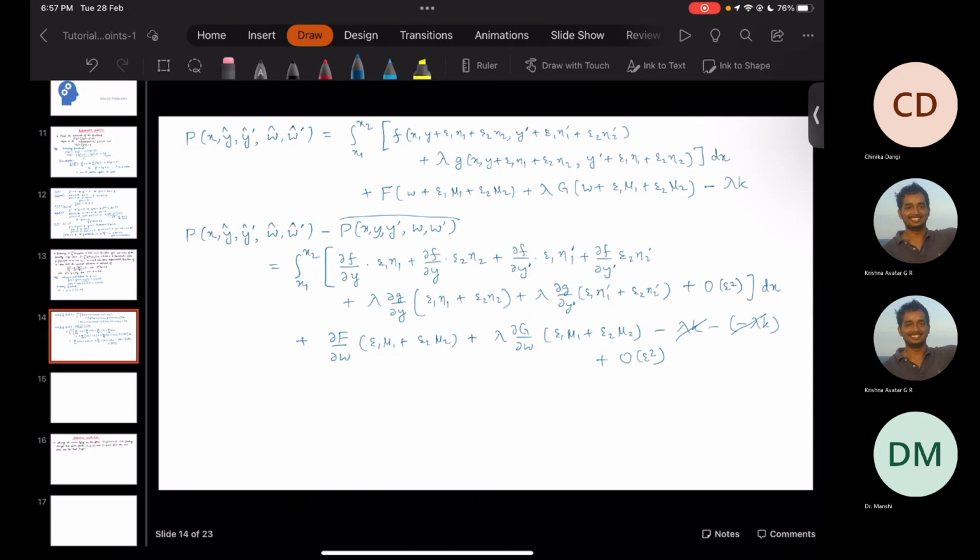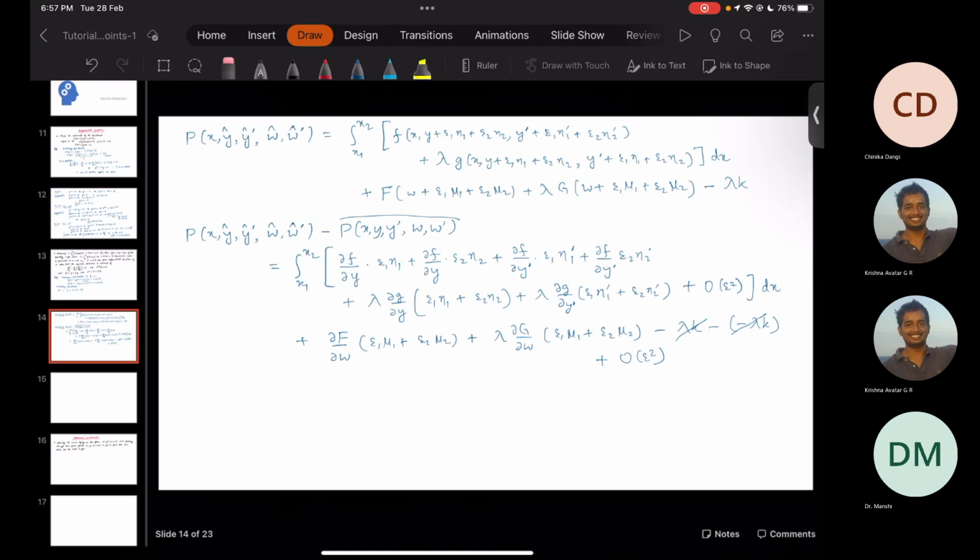So what we do is, let's determine the expression of this. Essentially we'll have our problem in terms of the variation in two quantities.